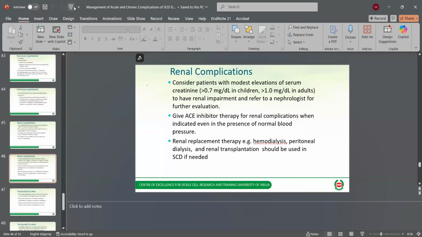Consider patients with modest elevation of serum creatinine greater than 0.7 milligram per deciliter in children, or greater than 1 milligram per deciliter in adults, to have a renal impairment, and refer to a nephrologist for further evaluation. Give ACE inhibitor therapy for renal complications when indicated, even in the presence of normal blood pressure. Renal replacement therapy, hemodialysis, peritoneal dialysis, and renal transplantation should be used in sickle cell disease if needed.